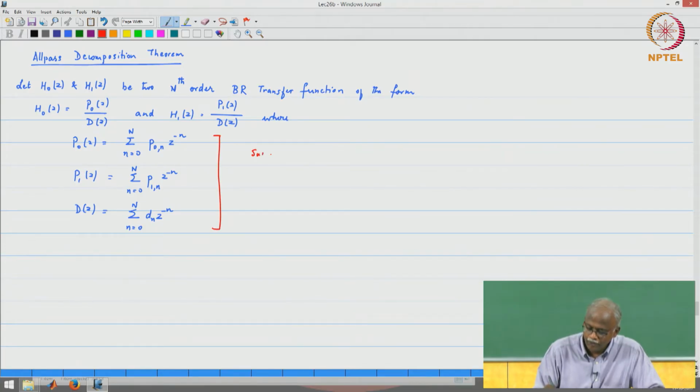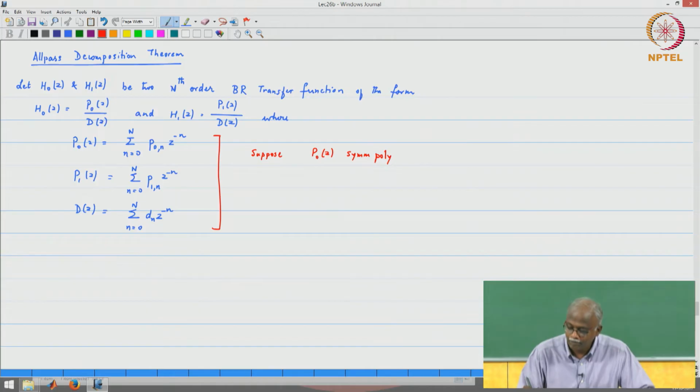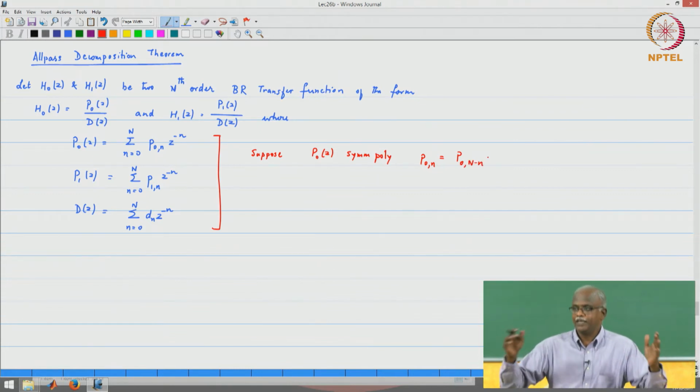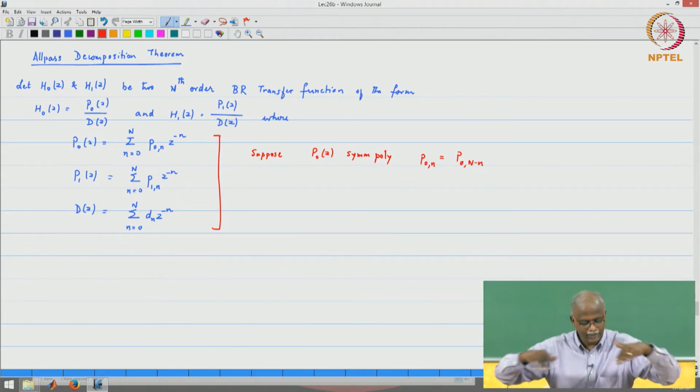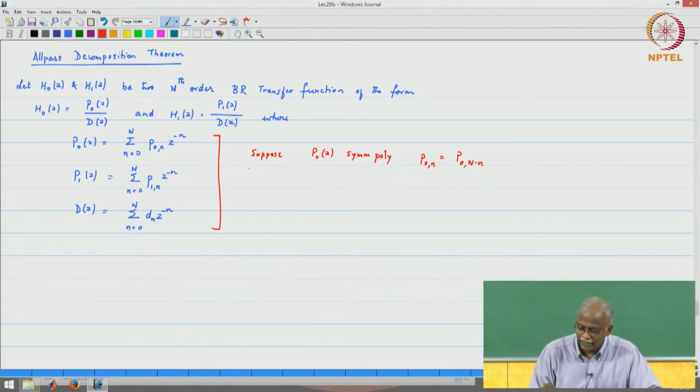So, if we further constrain it to be, suppose that P 0 of z represents a symmetric polynomial, which basically means that P 0 comma n is the same as P 0 comma N minus n. So, there is symmetry, it is a finite length polynomial, there is a symmetry that is there, and P 1 of z is antisymmetric.